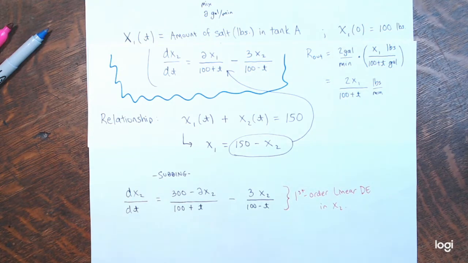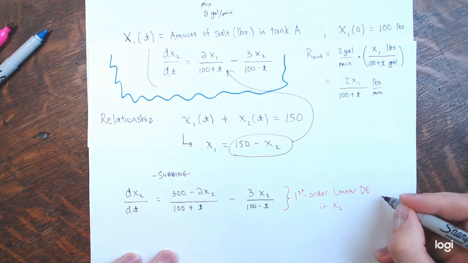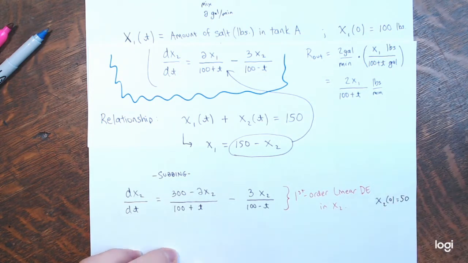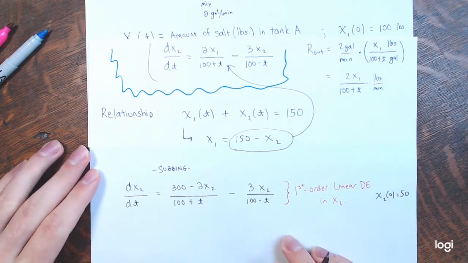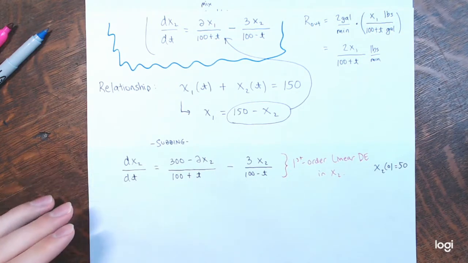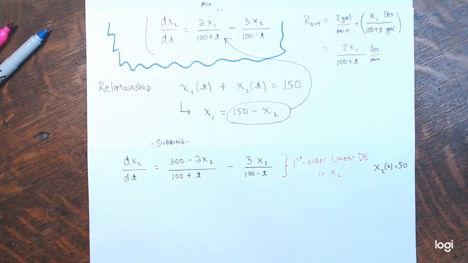We also have an initial value problem here. x2(0) we said was 50. There was originally 50 pounds of salt in tank B. So putting some things together, what I'm going to do is get this in standard form for a first order linear.